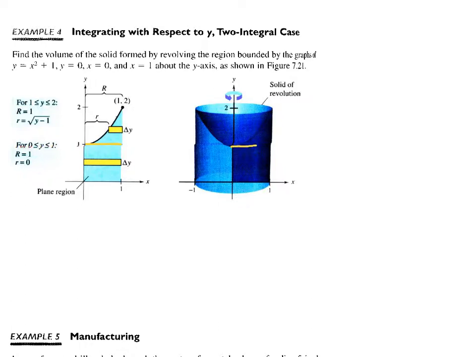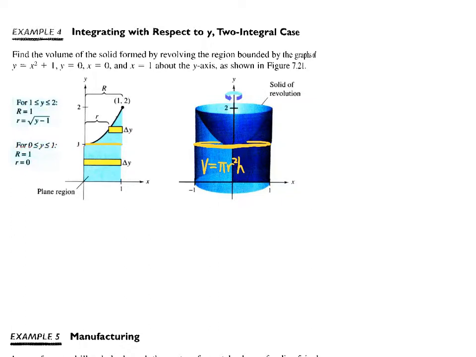And basically what we're going to be doing here, you can see on the 3D image, we have this just plain old cylinder on the bottom. That's kind of nice. We don't even have to do an integral for that. We know the volume of a cylinder. Volume equals pi r squared h. What's the radius here? 1.